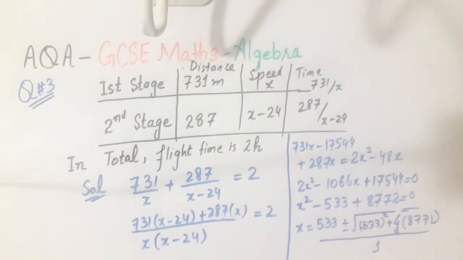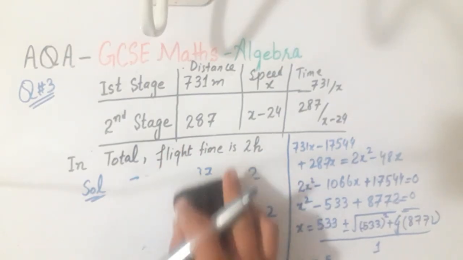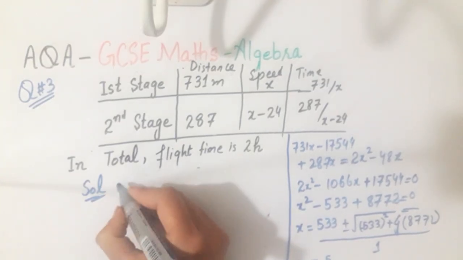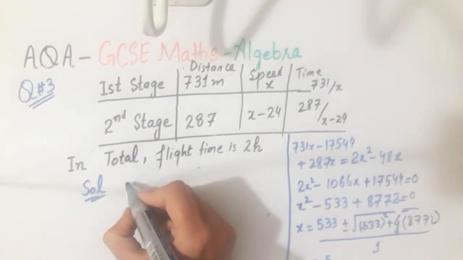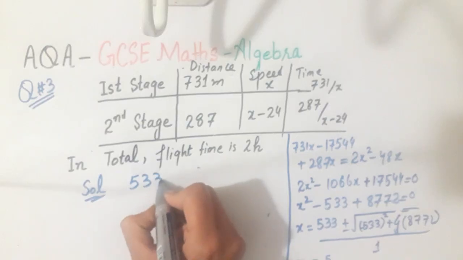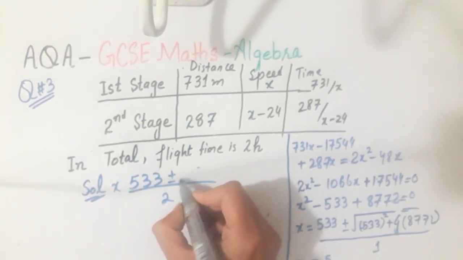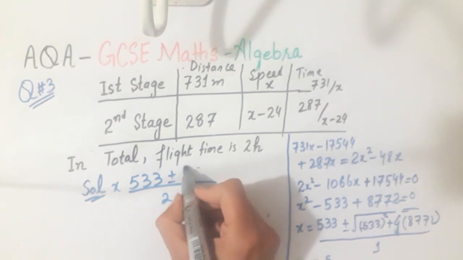So we get the final answer of x by solving this: x equals 533 plus or minus 499.